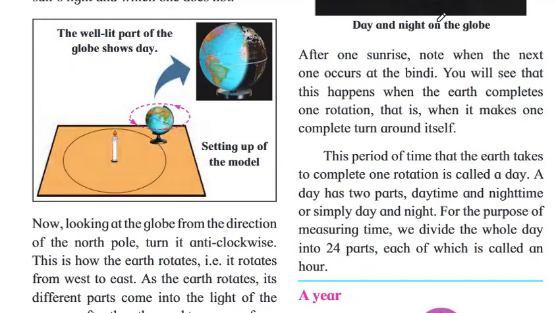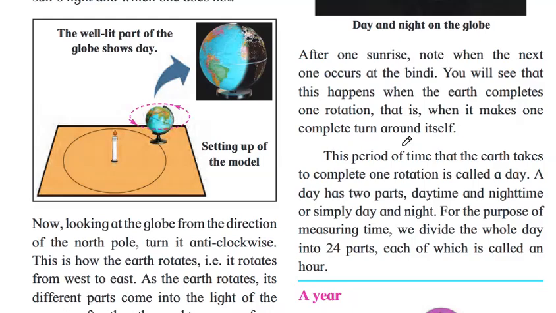Day and night on the globe. After one sunrise, note when the next one occurs at the bindi. You will see that this happens when the Earth completes one rotation. That is, when it makes one complete turn around itself.